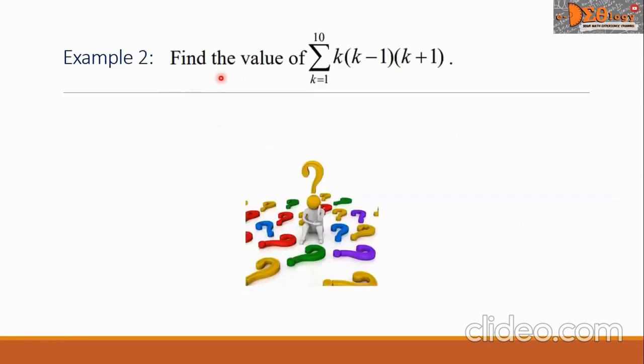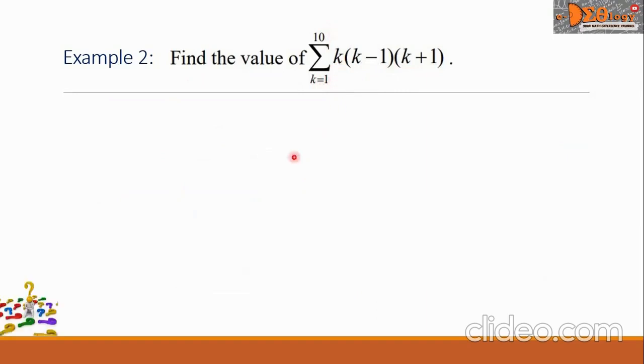Example 2, find the value of summation of the quantity k times k minus 1 times k plus 1, where k equals 1 up to 10. We copy our problem down here, and the first thing that we will do is to simplify our function.